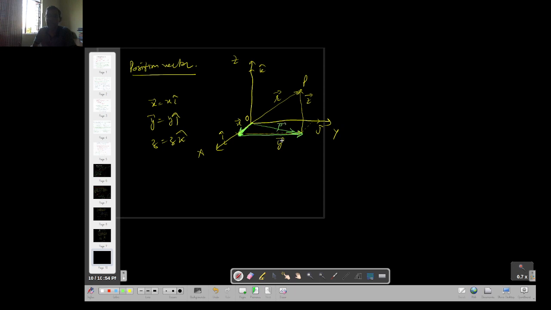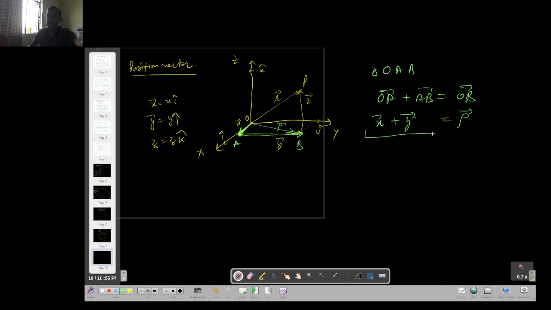If I apply the triangle law of vector addition over this triangle OAB, then OA vector plus AB vector is OB vector, so rho vector is x vector plus y vector.